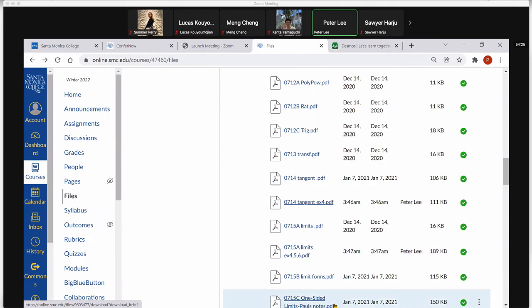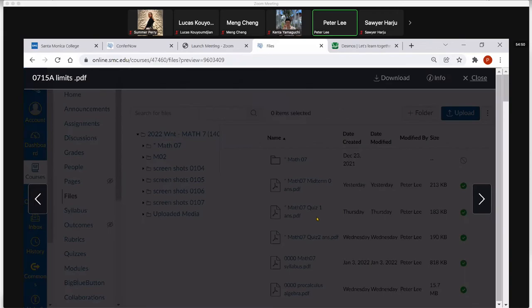If you printed more than 10 hours ago, then you might have the two files interchanged. One file is 0715A and the other is 0715B. So let me open up 0715A. Section 1.5, the first one is this one.